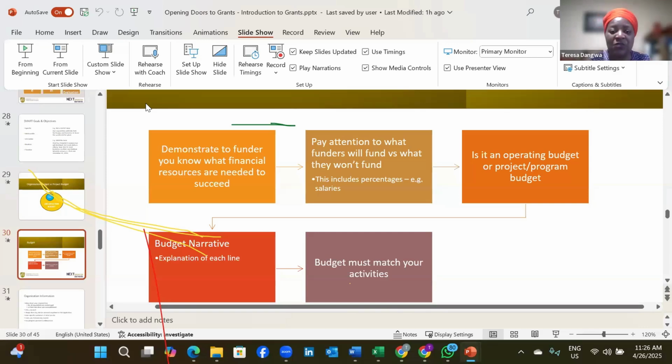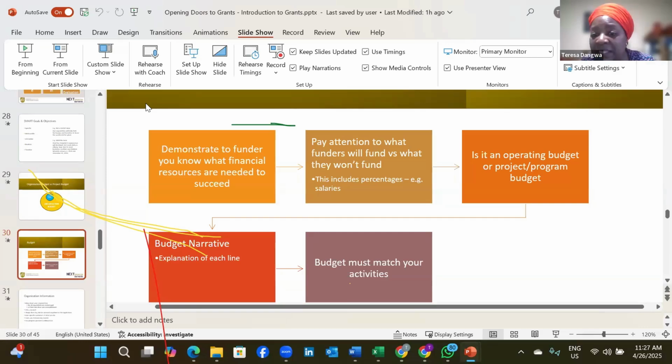They will sometimes say we will fund a certain percentage of salaries, and your budget must reflect that percentage. So if they say we will fund 50% of the executive director's salary, and you ask for 60%, your proposal is not going to be looked at. You have talked yourself out of being considered for funding because you didn't listen to instruction.